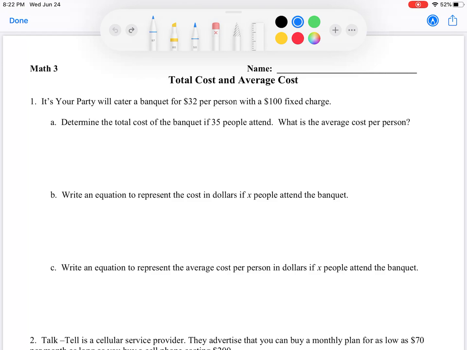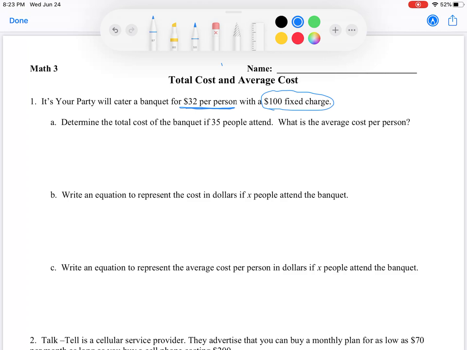Our first example is: your party will cater a banquet for $32 per person with a $100 fixed charge. There's two parts to this problem. First is the $32 per person, so every person that goes to this banquet is going to cost $32. But on top of that, there's a $100 fixed charge. This charge is always going to be the same, no matter how many people come.